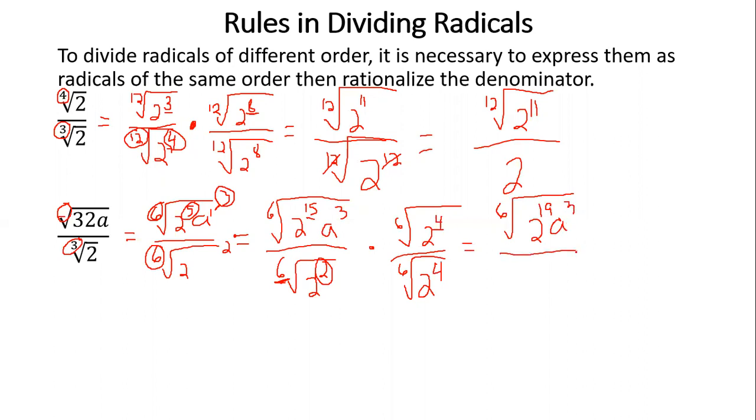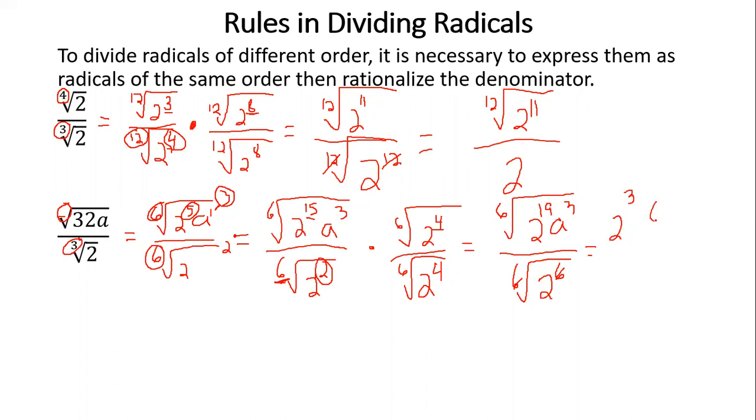Divided by 6th root of 2 raised to 6. Pagkatapos niyan, pwede na po natin i-cancel out ito. Tapos yung 19, ilang 6 ba ang meron dyan? So, we have 3. Ayan.